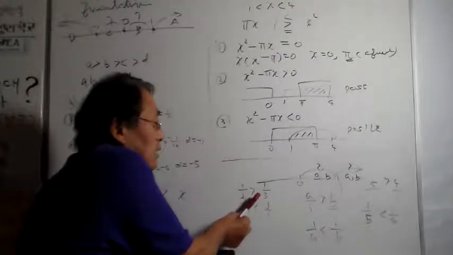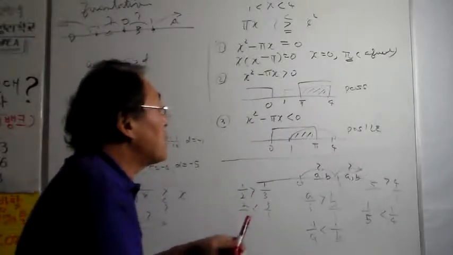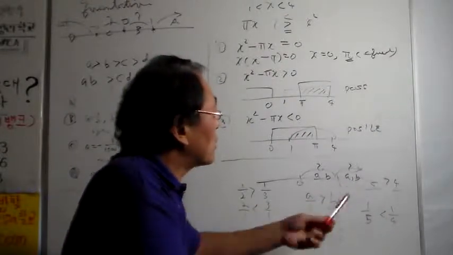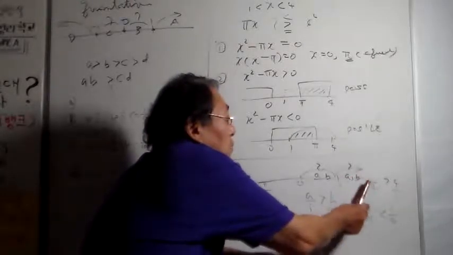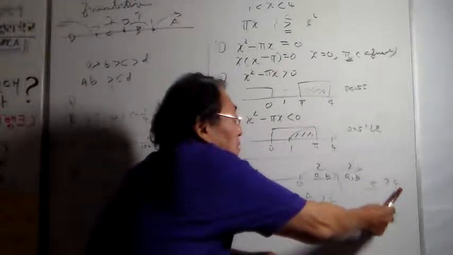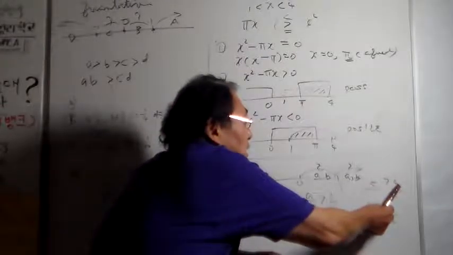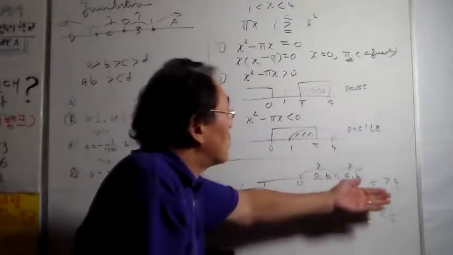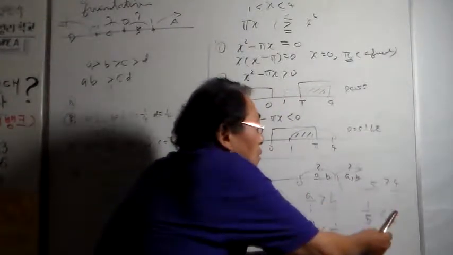Once you take the reciprocal, it's upside down. Same as any number greater than 1. So I pick A is 5, B is 4. So 5 is bigger than 4. We're going to make the reciprocal: 1 over 5 and 1 over 4.